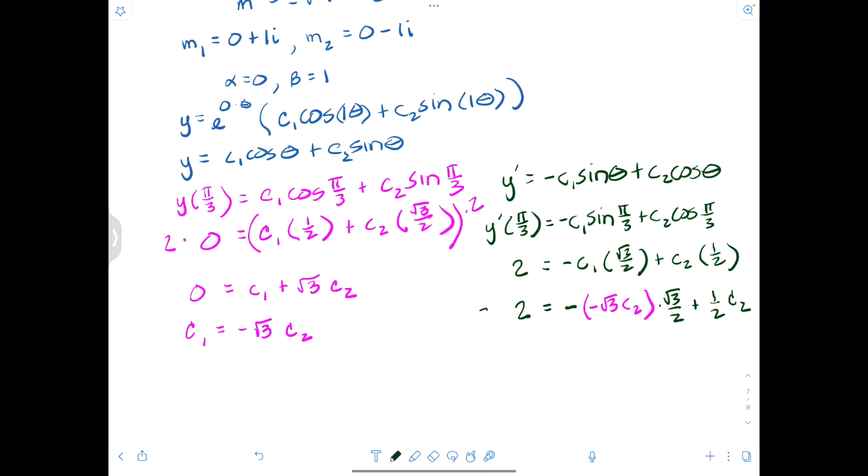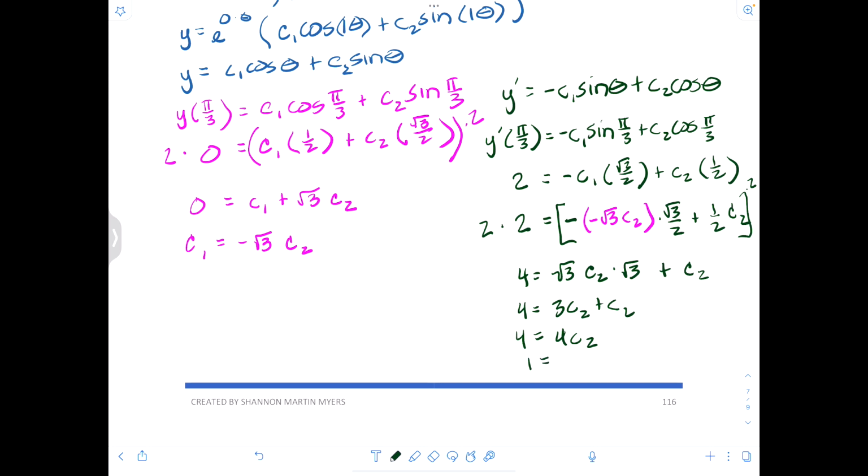Again, multiplying everything by 2 just to clear out the fractions, we would have 4 equals root 3 c2 times root 3 plus c2. 4 would equal 3 c2 plus c2. 4 would equal 4 c2.